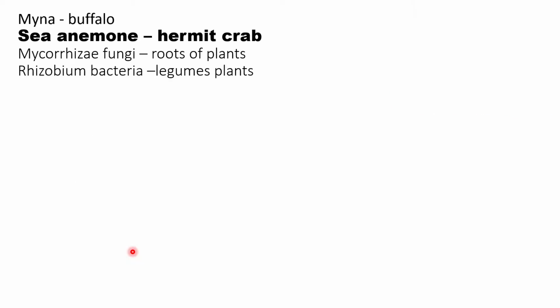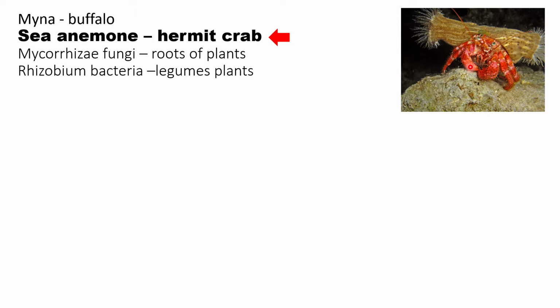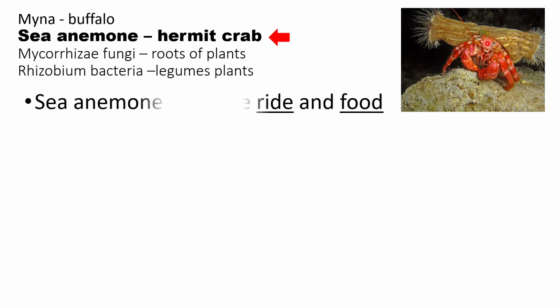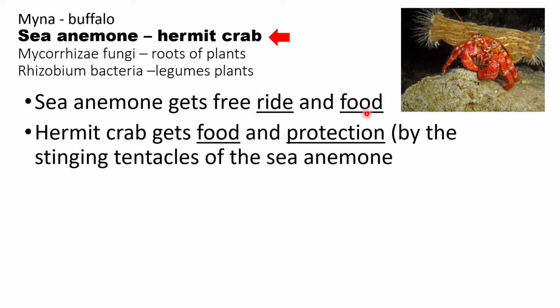Okay, the second example under mutualism, we will be looking at the sea anemone and also the hermit crab. Okay, ini dia buran dan juga umang-umang. So the sea anemone, iaitu buran laut, they are getting free ride and also food from the hermit crab.